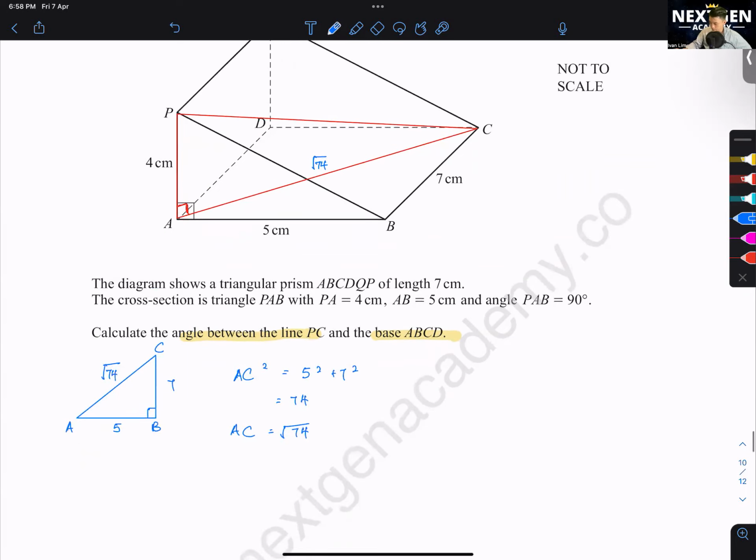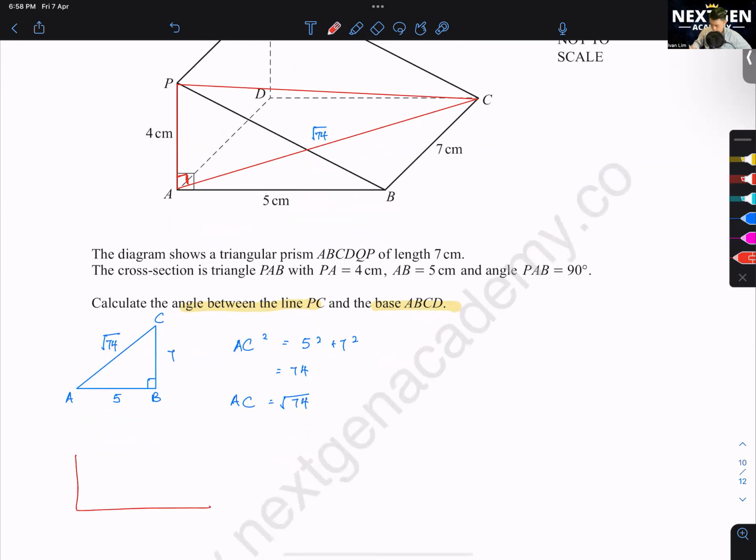Now I need the red color triangle. This one will be PAC. Here is 4, here is square root 74. The angle that I want is PCA. We don't use Pythagoras now, we want to find the angle straight. So we don't need to do another Pythagoras.